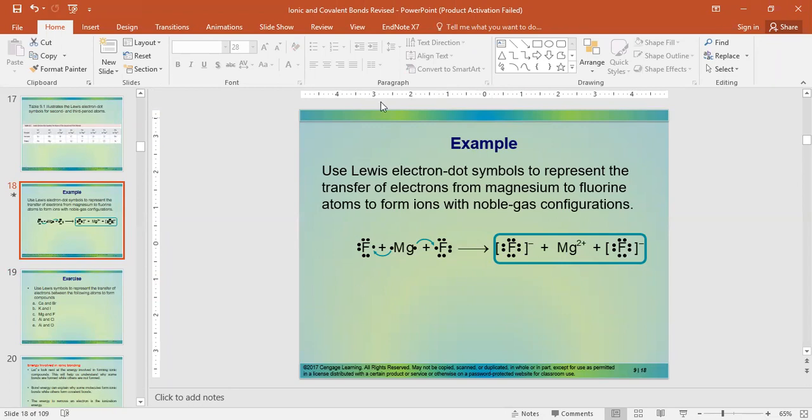You know, magnesium here has 1s2 2s2, pardon my bad handwriting, 2p6, and then 3s2. Are we together there? That is the electronic configuration of magnesium.